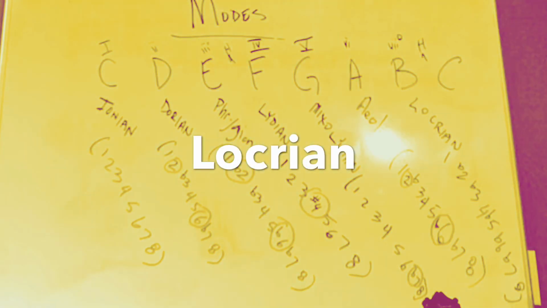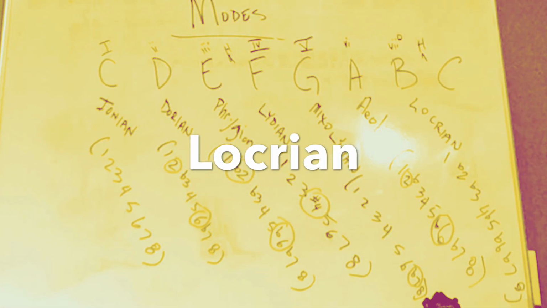1, flat 2, flat 3, 4, flat 5, flat 6, flat 7, and then 8. So B half diminished. I'm going to play B minor 7 flat 5, and you can just go. Again, it's a darker flavor.